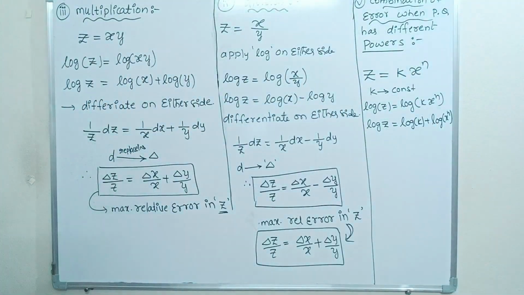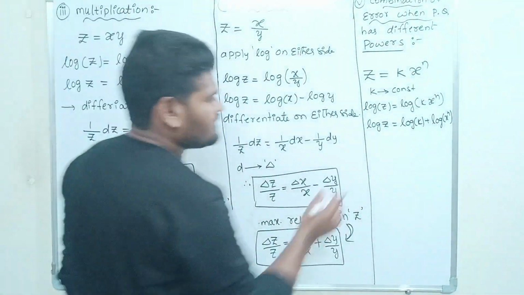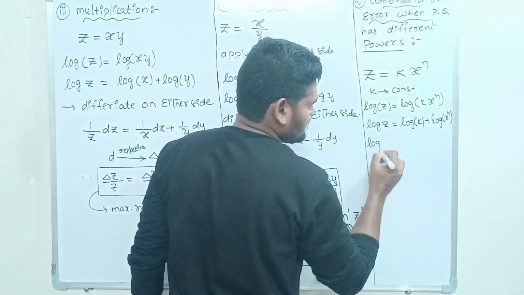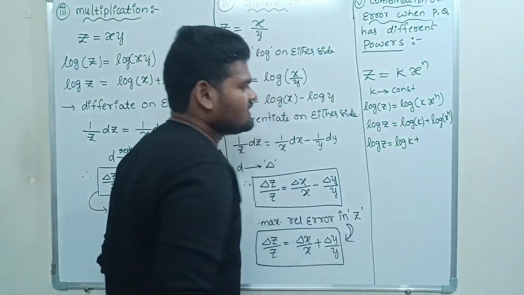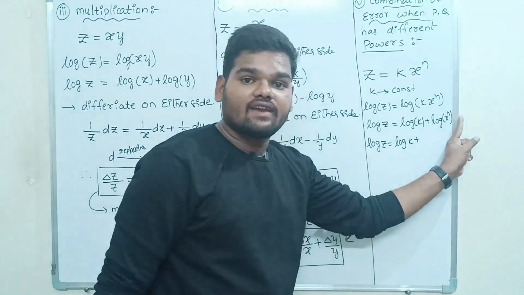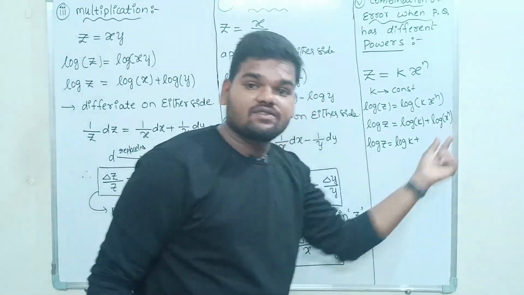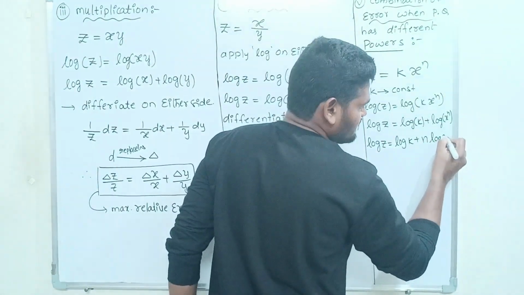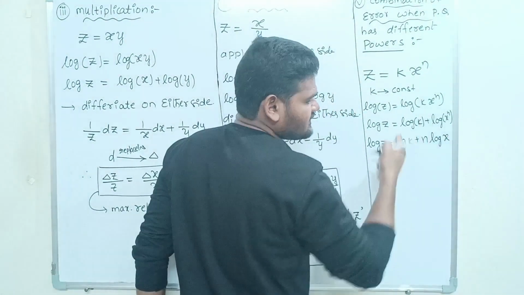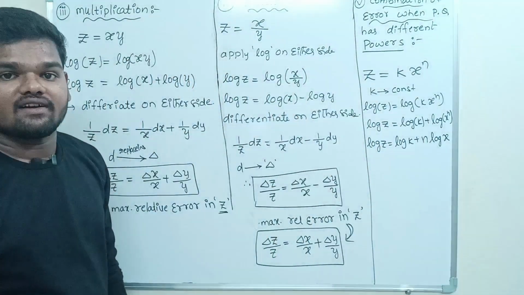Are you able to see the board? Okay, right. So log z is equal to log k plus log x to the power of n. Now this log x to the power of n becomes n into log x. Whatever the power term is there, that comes in front of log.